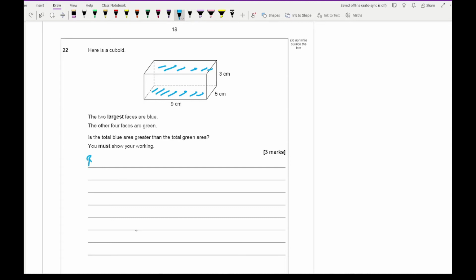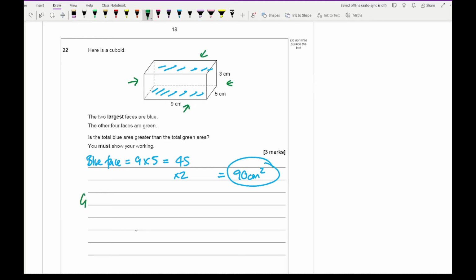So here the blue face is going to be 9 times 5, which is 45, and I've got 2 of those, so it's going to be 90 centimeters squared in total. Now in terms of the green faces, well, I'm going to have the 2 side panels and these 2 here.